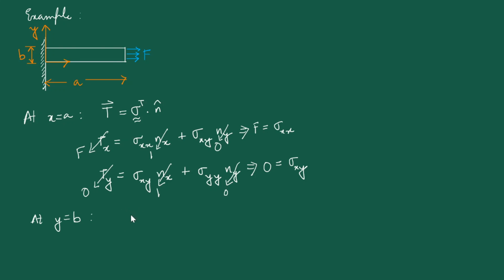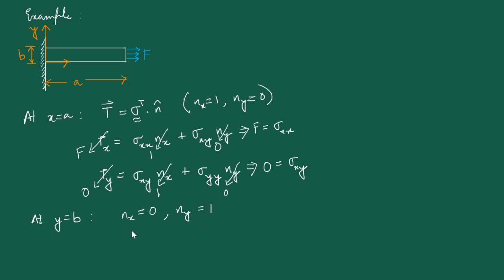However, on that top surface, we need to note that nx this time is going to be 0, and ny is going to be 1. This is very important.